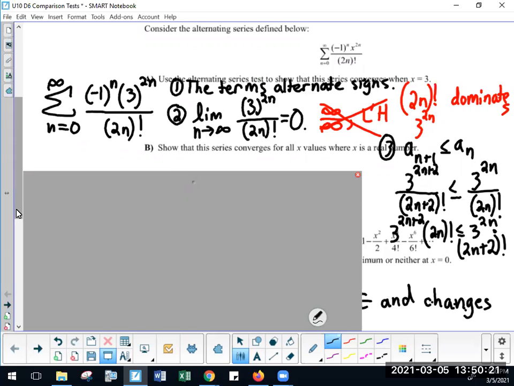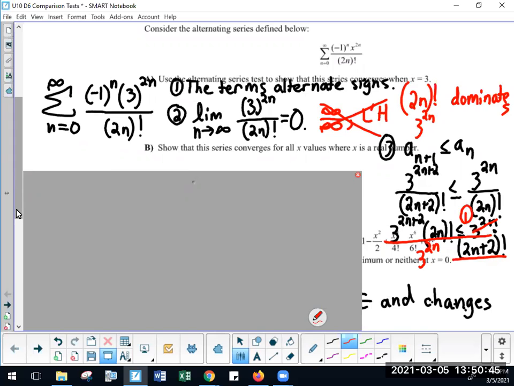You could have also done some pretty fancy algebra here. What do I mean? Well, what happens if you divide both sides by 3 to the 2n power? You can do that, right? 3 to the 2n is non-zero. Yes, we can do that, okay? So over here, 3 to the 2n becomes 1.